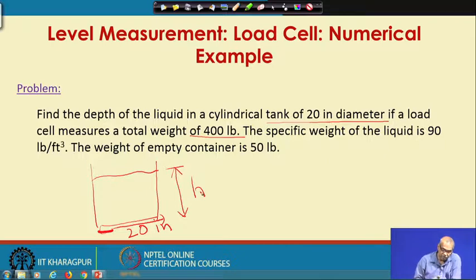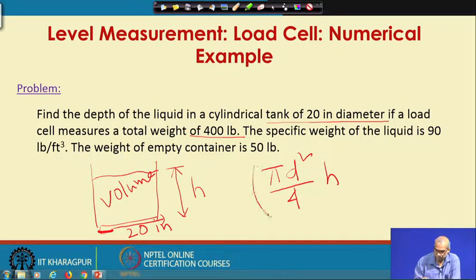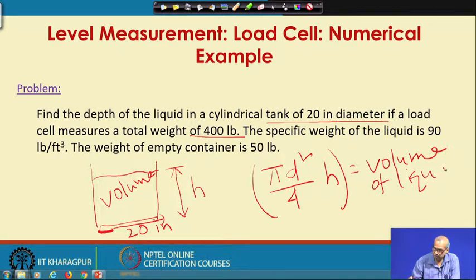then since the dimension of the tank is now given, I can find out the volume of the liquid in the tank by pi d square by 4 into H. So, this becomes volume of liquid in tank, where d is the diameter of the tank which is given as 20 inch.